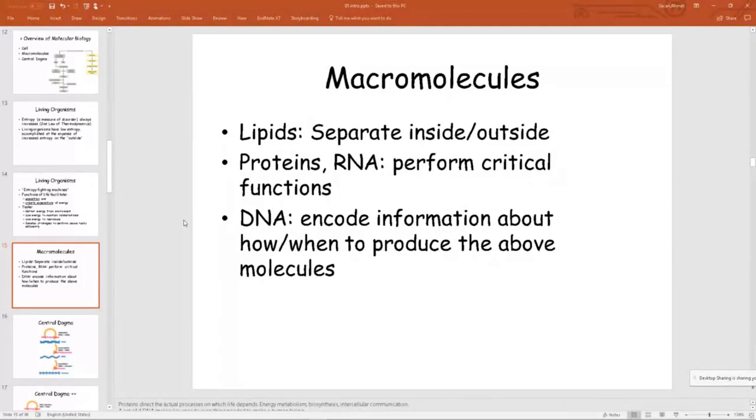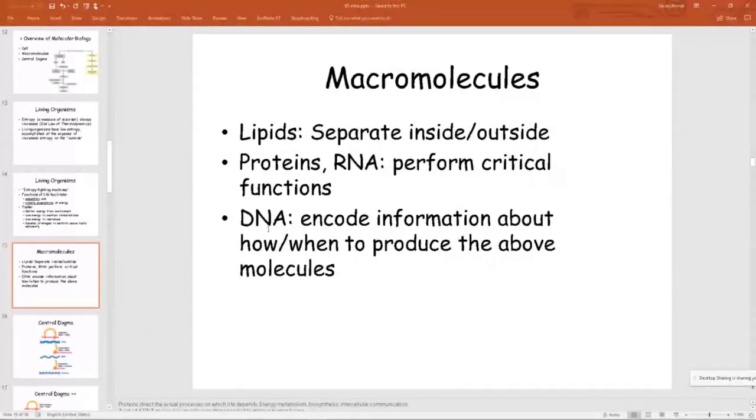It keeps water separate. Provides a layer that separates different parts of the environment. And then proteins and RNA perform enzymatic functions or other functions in the cell.